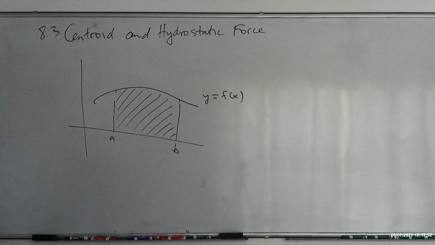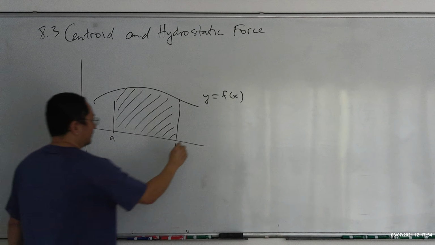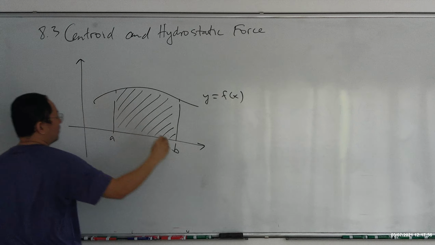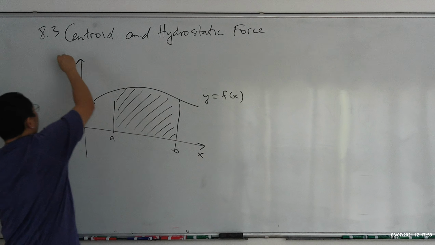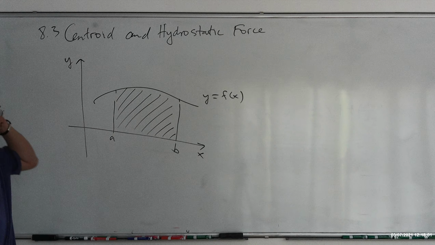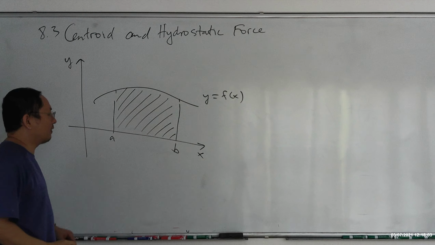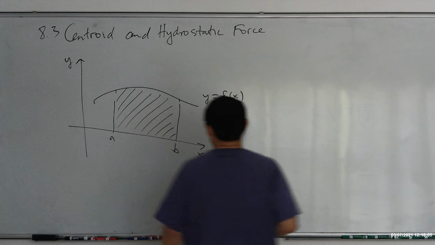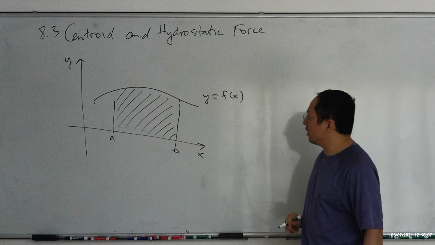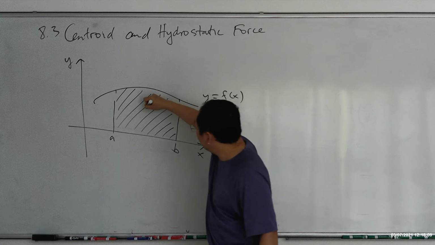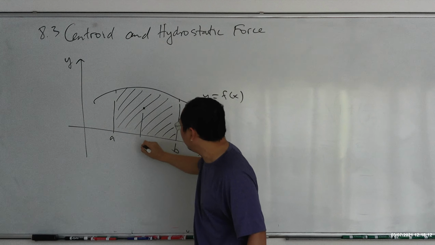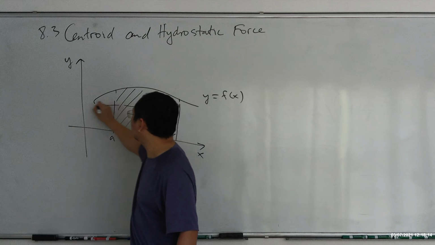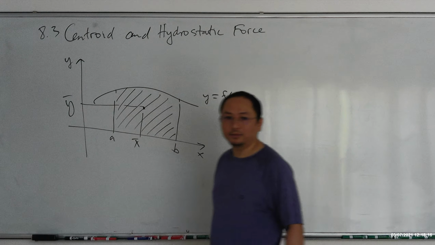The question is, what is the center of mass of that thing? So let me just give you the formula so we don't have to guess. You can read the book for how to derive the formulas. It's not too hard. So how do you find the center of mass? The center of mass is going to be somewhere right here, denoted by x bar and y bar.